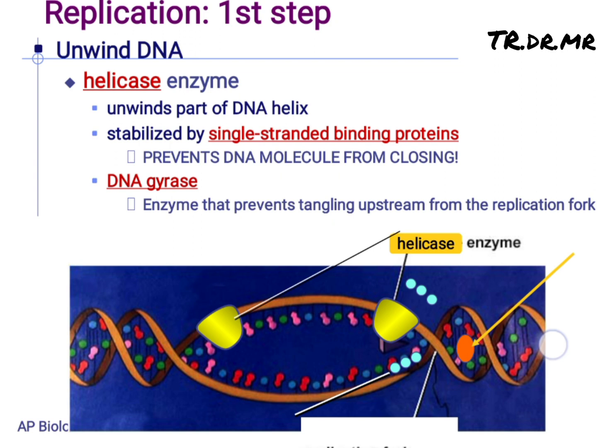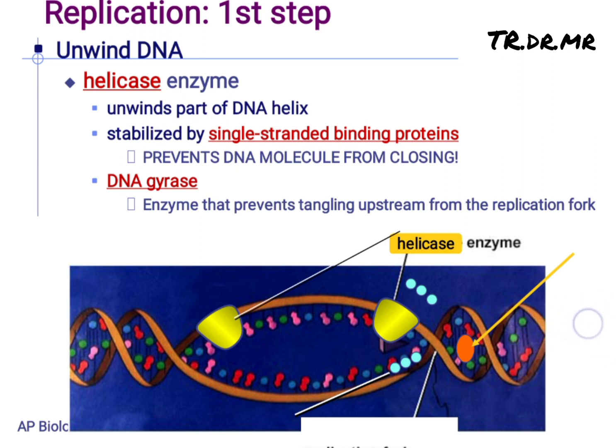It cuts, and after cutting, it joins again. It cuts and then joins, making it very easy for the helicase to work. So it prevents supercoils upstream, or prevents tangling of the DNA upstream. As the helicase is moving, it will find it very easy to open it up.